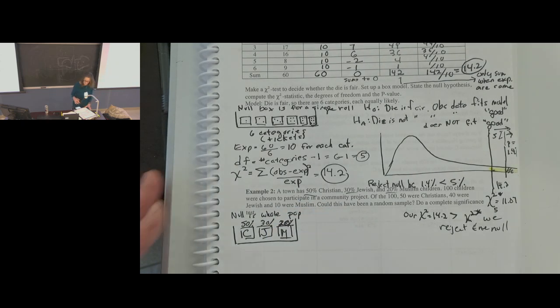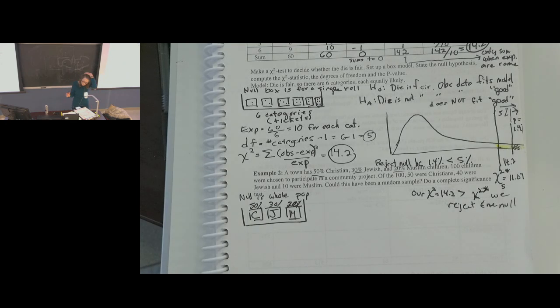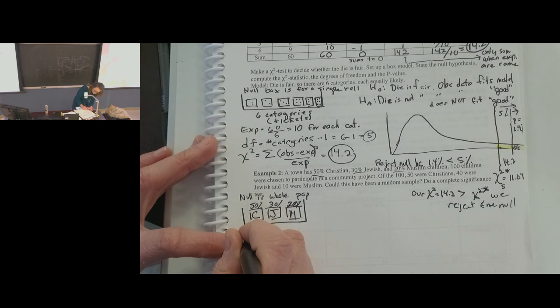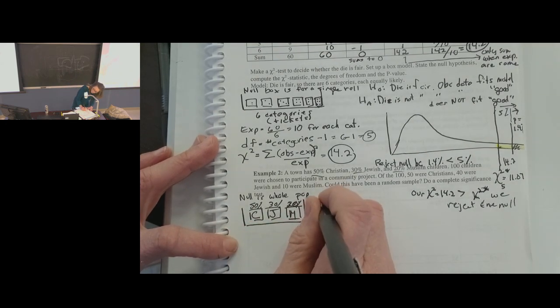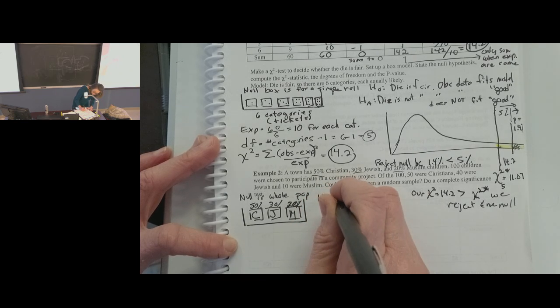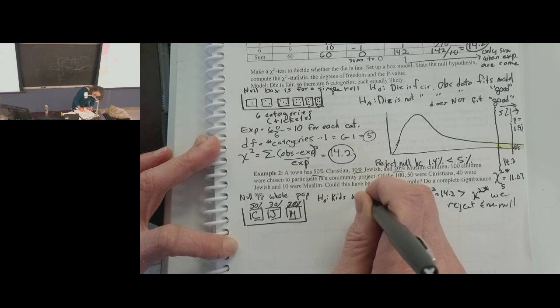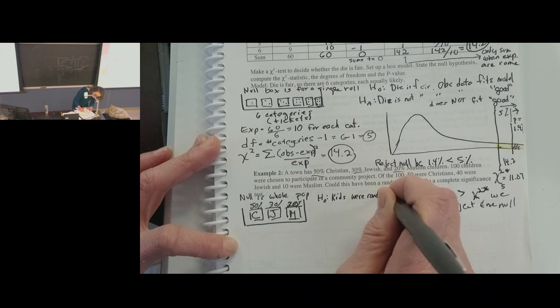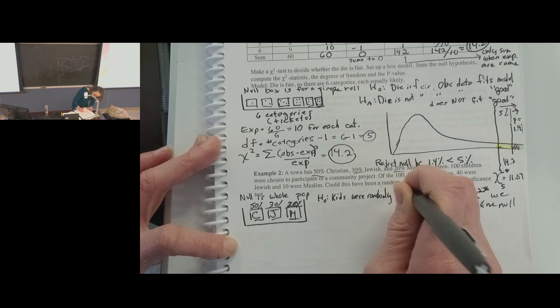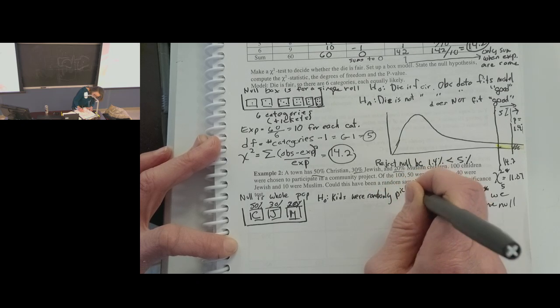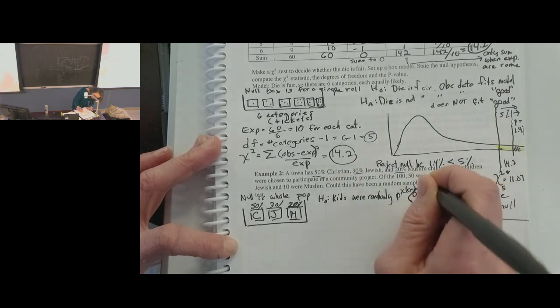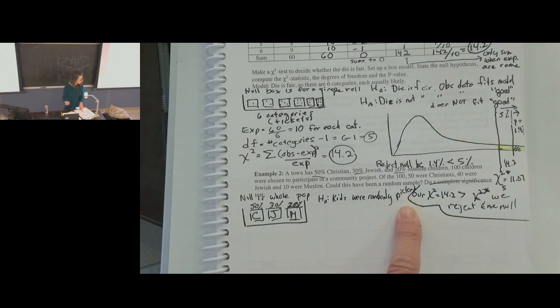All right, and what are we doing? First I should write the null here. What's the null? That the kids were randomly picked. The kids were randomly picked.